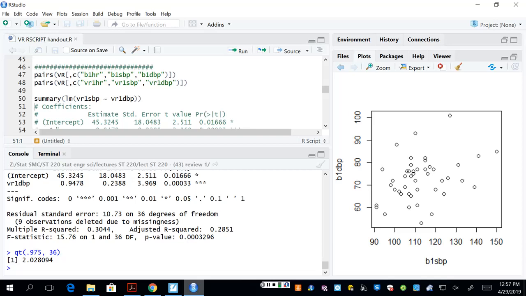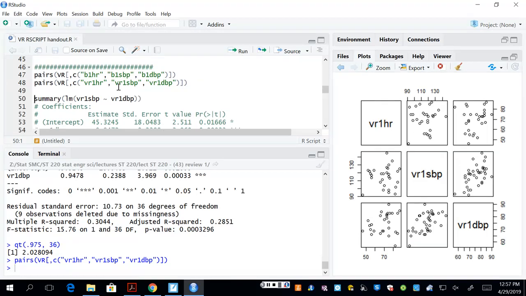What else is there? VR was another time period. That's after the virtual reality interaction. How do the two blood pressures relate there? Well, here are the pairs of heart rate versus these.